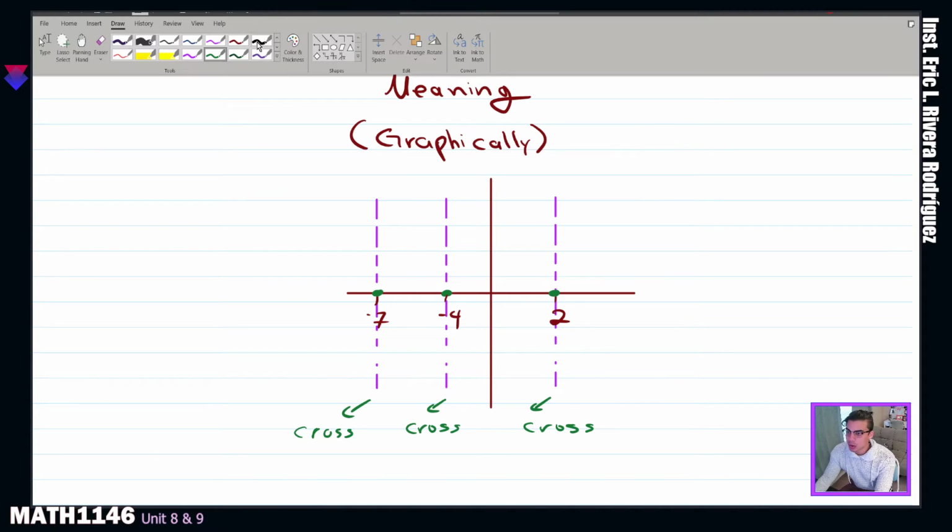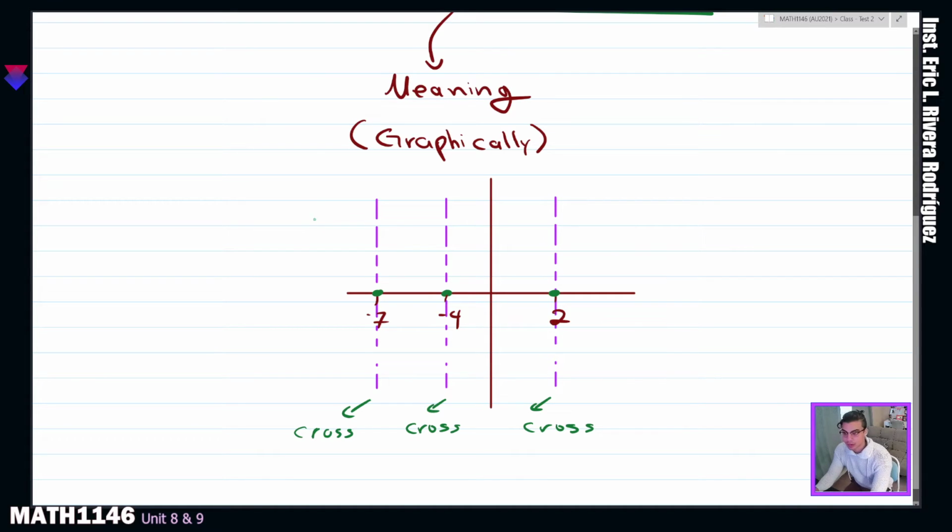Now, what is the effect of the graph crossing the x-axis? There is going to be a change of sign. Let's assume for a moment that the graph to the left of -7 is above the x-axis.